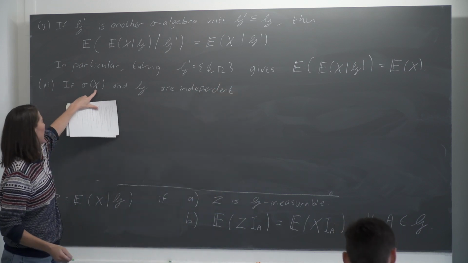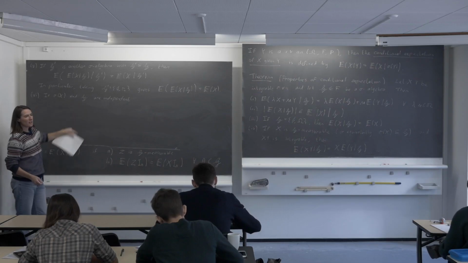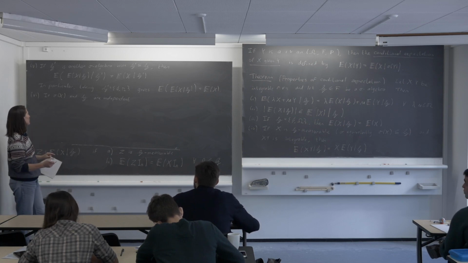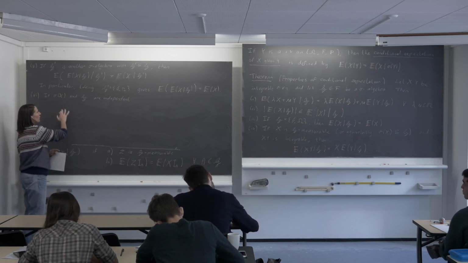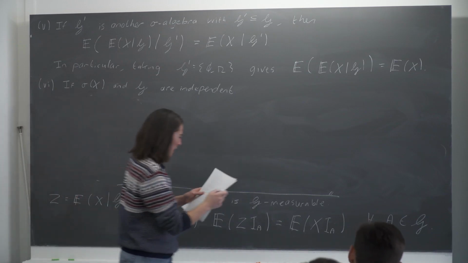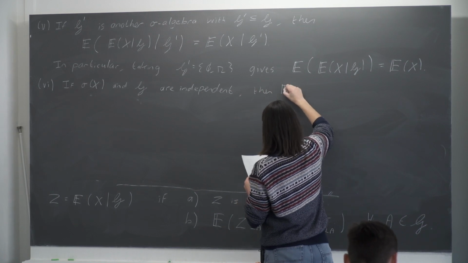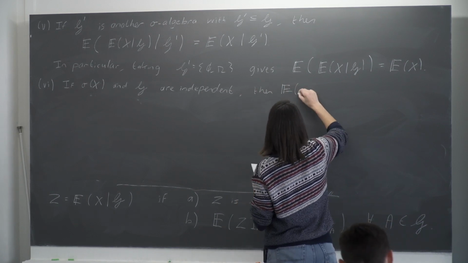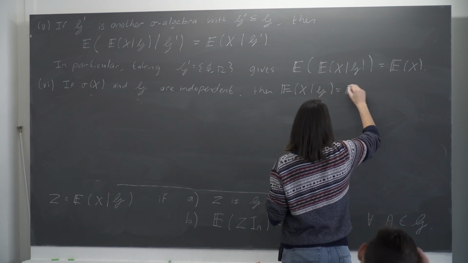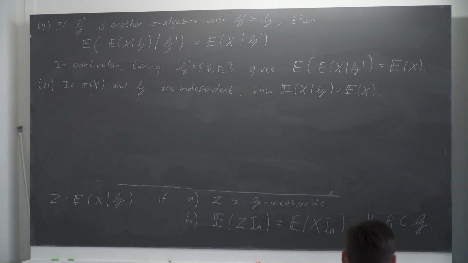Well, that means that if you pick any event in the sigma algebra generated by X and any event in G, then the probability of the intersection of those two events is the product of those probabilities. So any event in here and any event in here are independent. Then the conditional expectation of X conditioned on G is equal to the expected value of X.